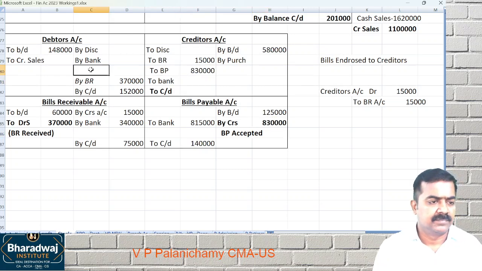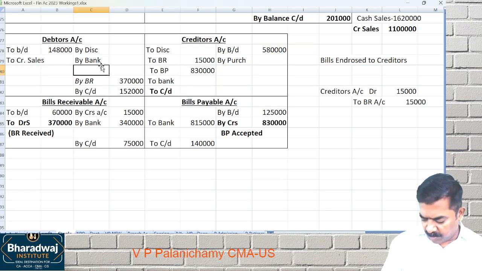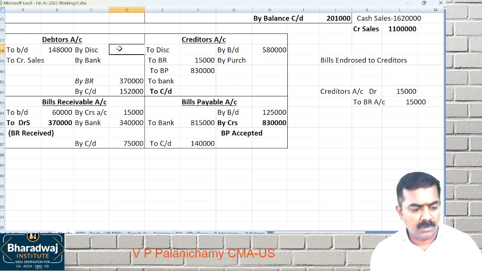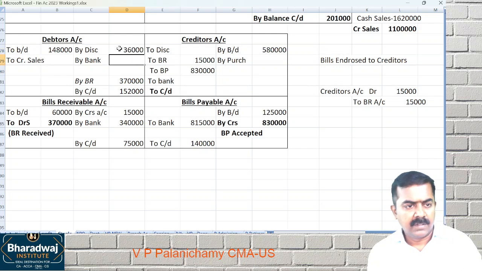Then, is any discount allowed given in the question? 36,000. How much discount allowed is given? 36,000 is given. Discount allowed 36,000. Discount received from creditors 28,000. Okay.